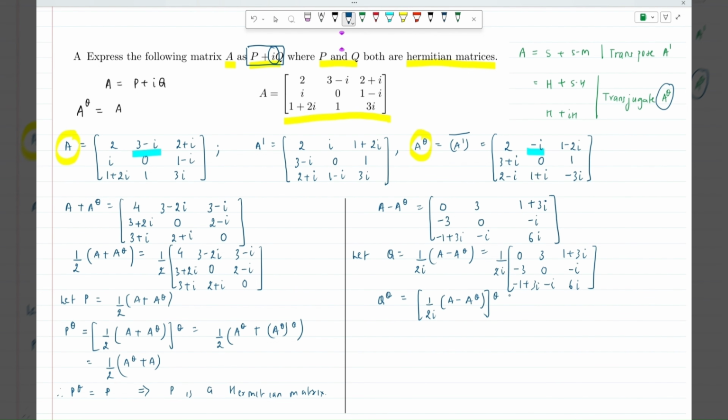Now since you are going to take the transjugate, 1 by 2i will become negative 1 by 2i, and here we will have A raised to theta minus A raised to theta twice, so this is going to become A, and then we can adjust the negative sign within, and we will be getting back 1 by 2i times A minus A raised to theta, which is nothing but Q again. So we get that Q raised to theta is the same as Q, and therefore we can say that Q is also a Hermitian matrix.